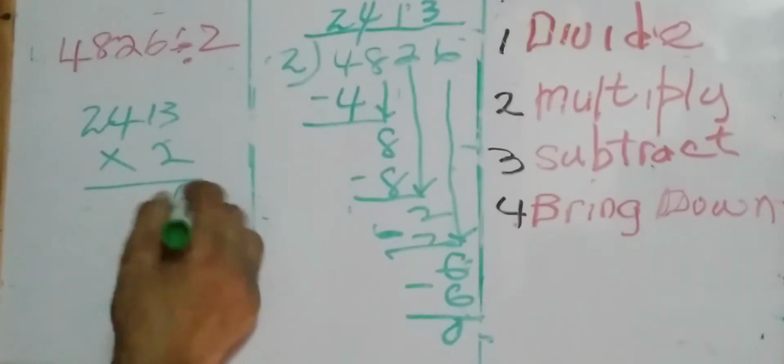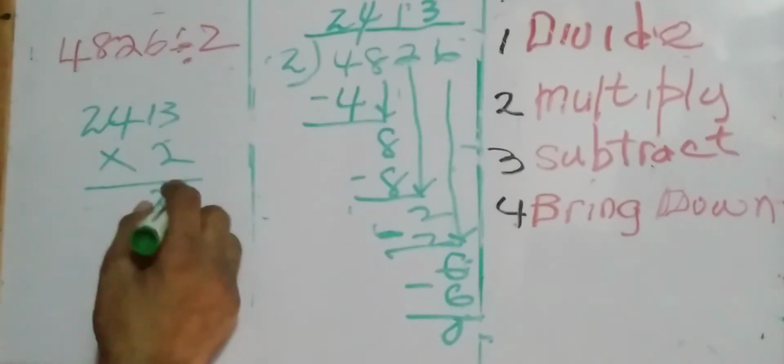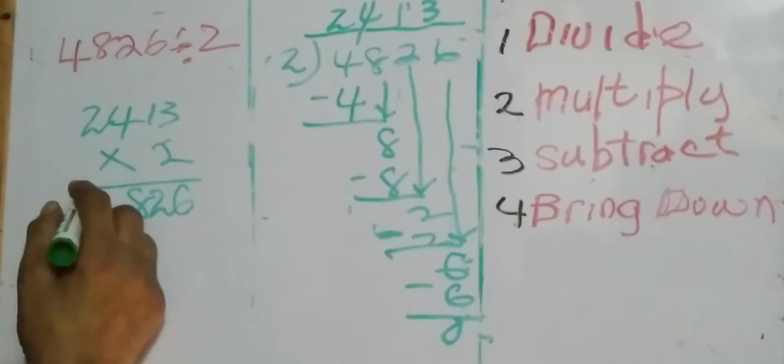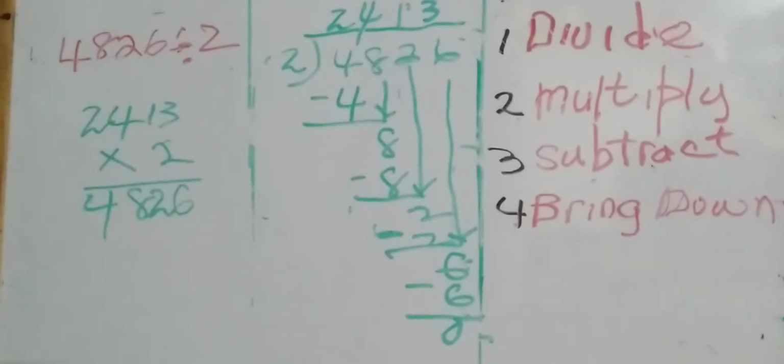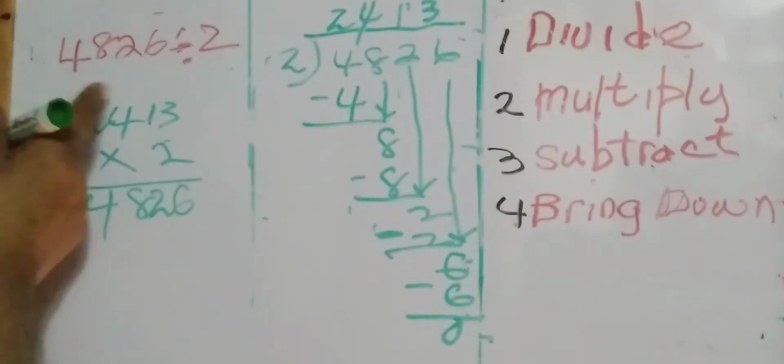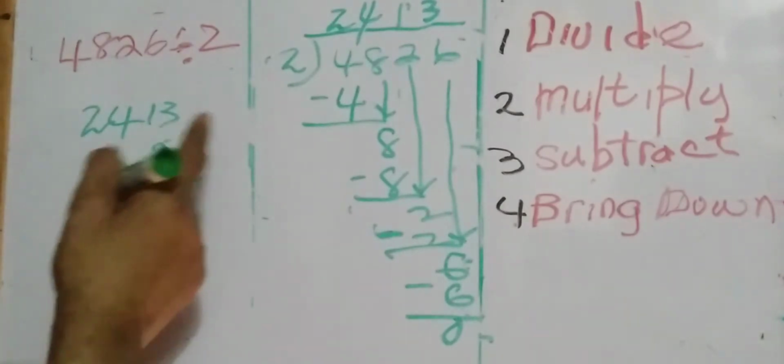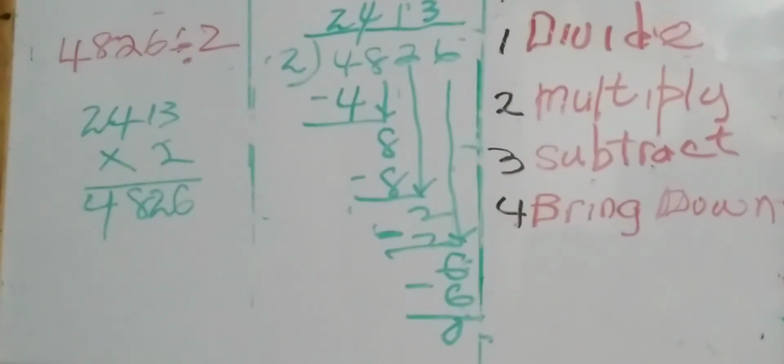So 2 threes give you 6, 2 ones 2, 2 fours 8, and 2 twos 4. So there we go. So our answer is correct because we have proven it down here. So we have checked it, and we have found out that it's correct because we end up with the dividend.